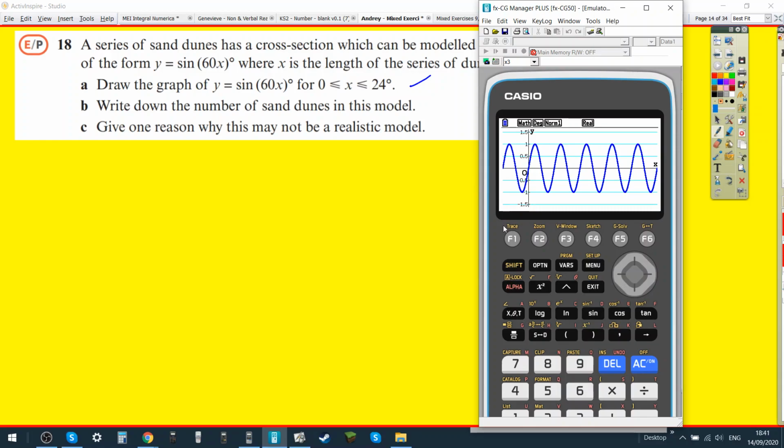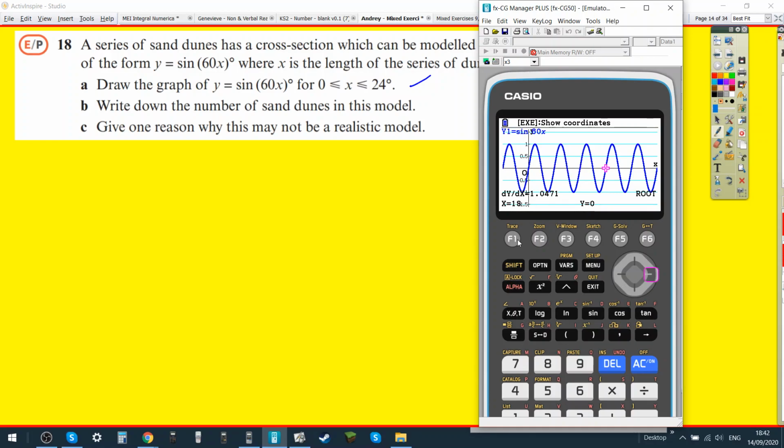So draw that graph. Okay. How many sand dunes are there? 5. Let's see. 1, 2, 3, 4, 5. I think so. Shift graphical. I just want to see because I extended the graph a little bit.